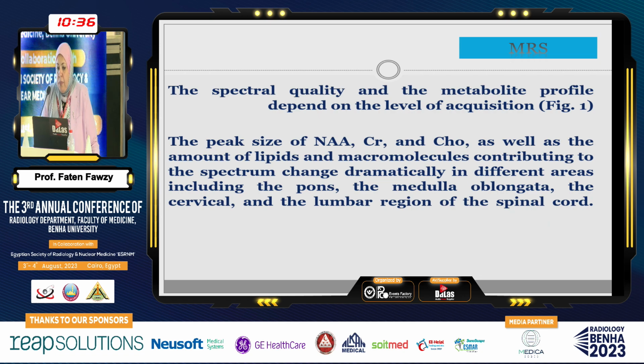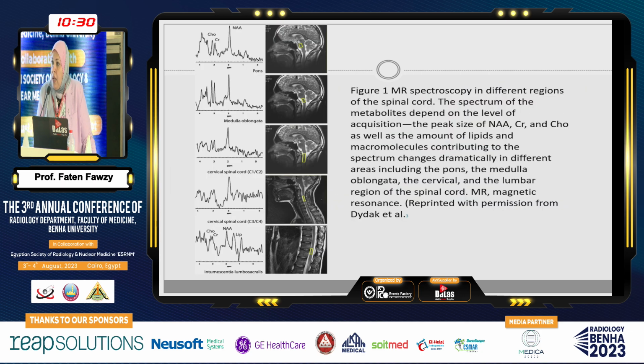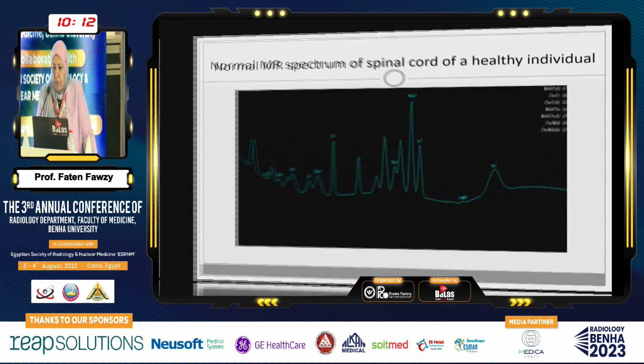Spectral quality and the metabolite profile depends on the level of acquisition. There are variations in the peak height and concentration among different regions of the spinal cord, but the most important is N-acetylaspartate is predominant, and on all levels, myoinositol is present in a higher peak height than on the normal brain.